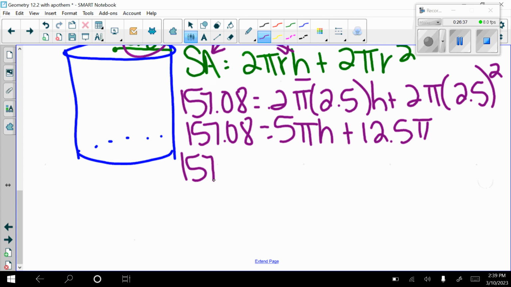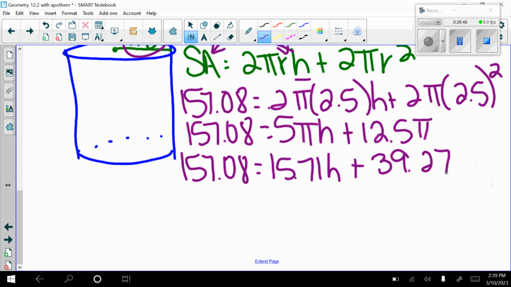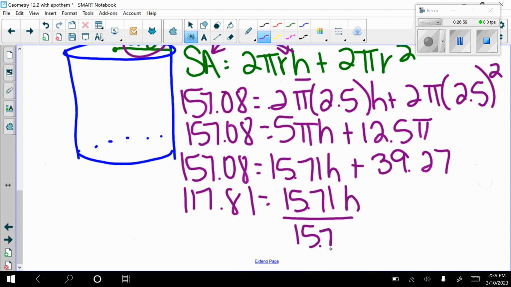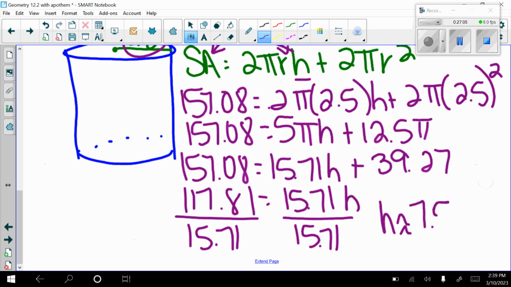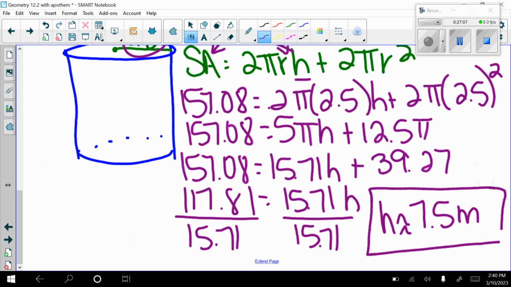So 157.08 equals 5 pi, so this is about 15.71 h, plus 39.27. Subtract 39.27 from both sides, so I get 117.81 equals 15.71 h. Now I just have to divide both sides by 15.71 to get h by itself. So my height is approximately 7.5 meters.